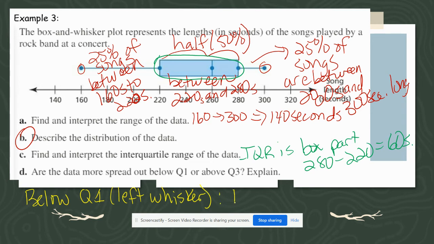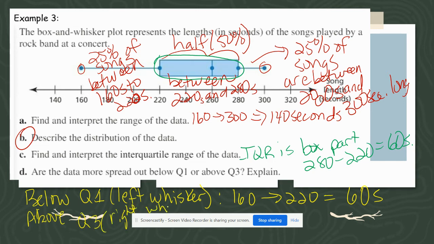It goes from 160 to 220, which is a 60-second difference. Above Q3, which is the right whisker, we're going from 280 to 300, which is a difference of 20 seconds.